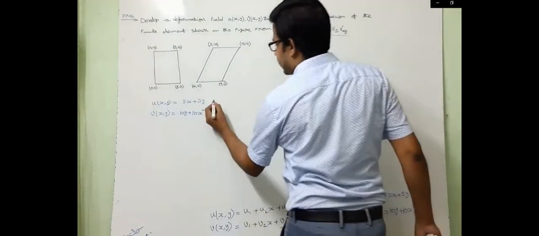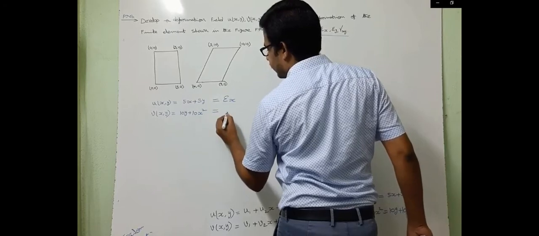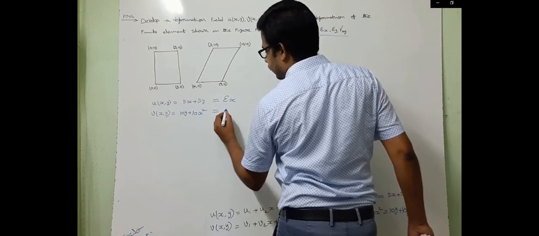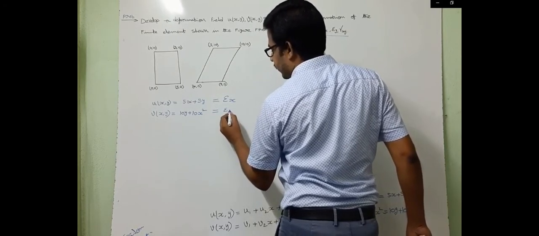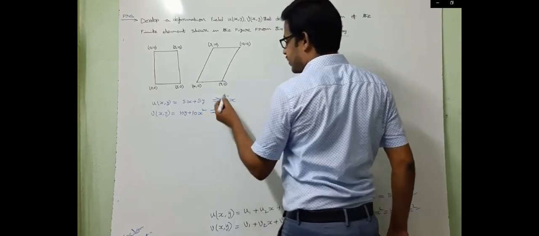So here this is the epsilon x and this is the epsilon y. Now we need to calculate these two values.